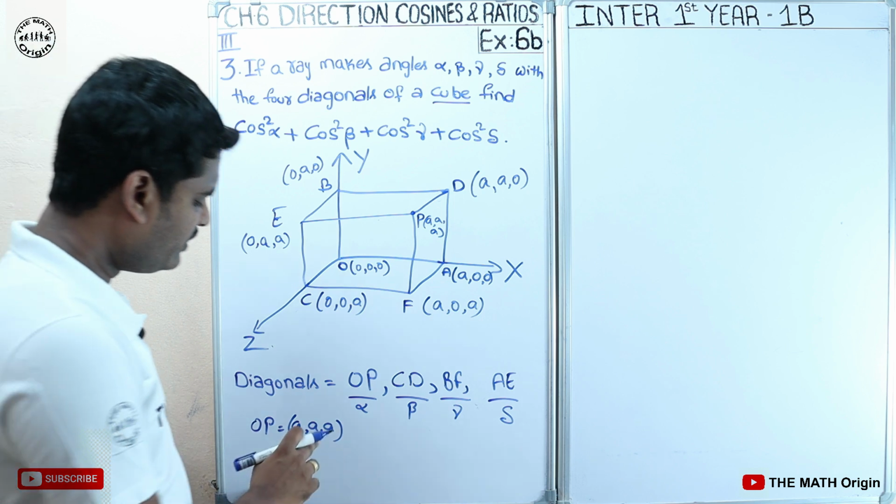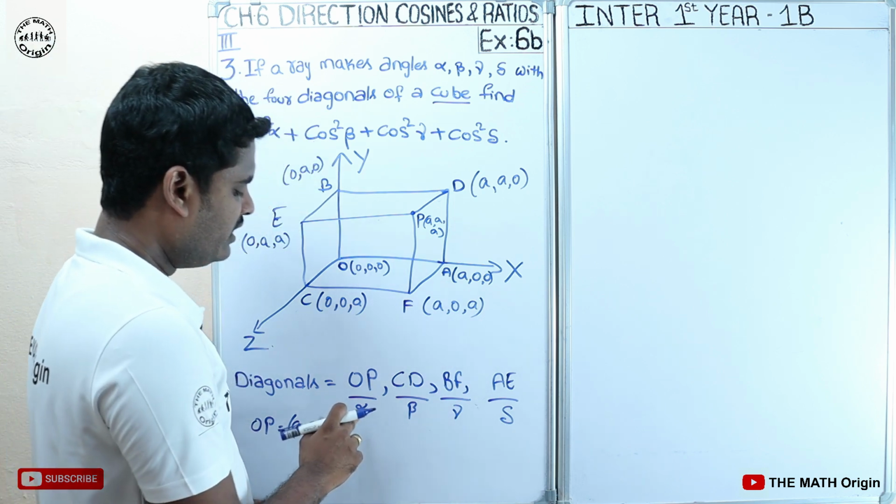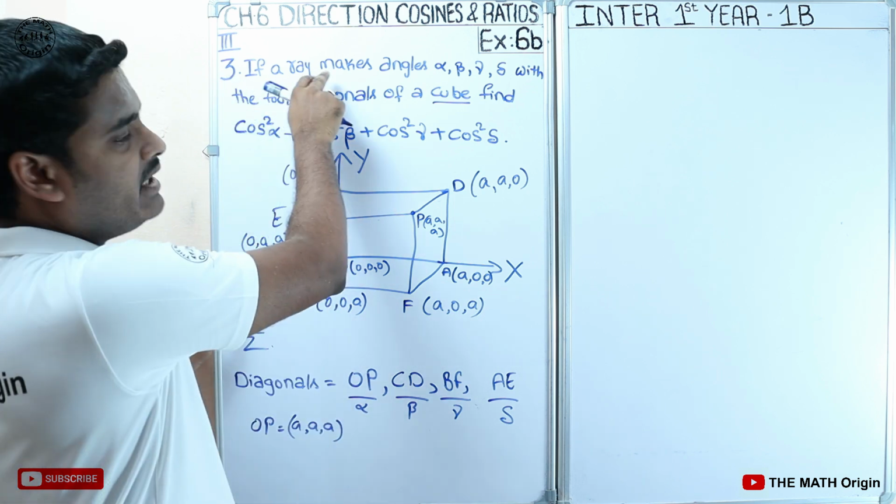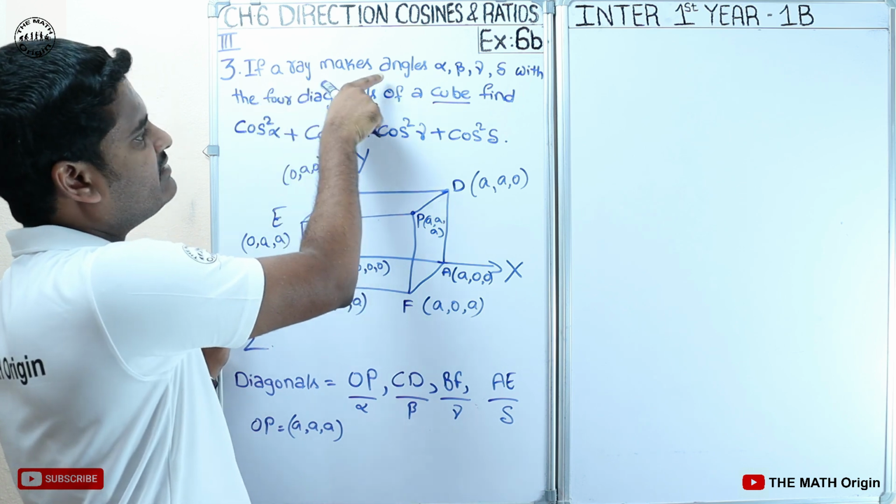Now first let's find the alpha value. They also mentioned a ray makes an angle.